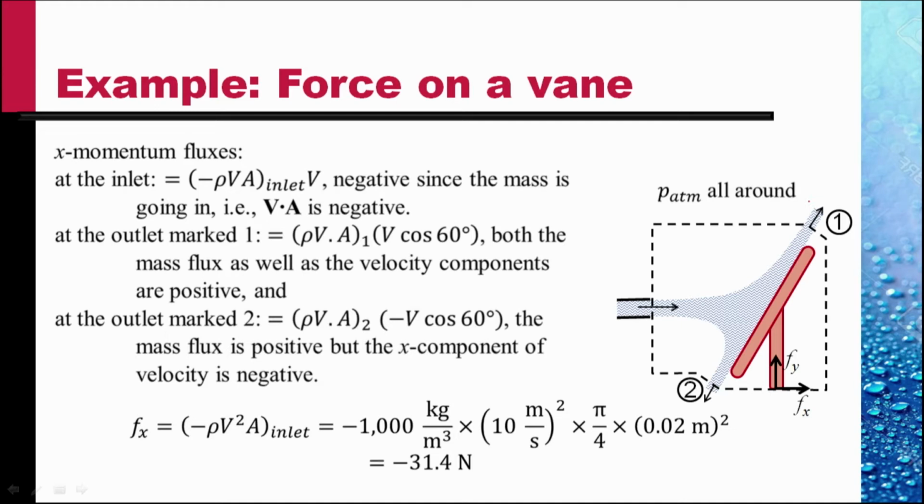So there is only a net influx or a negative efflux of rho, which is 1000 kilogram per meter cube into velocity square, velocity is 10 meters per second, into the area. Area is 2 centimeter, so it's pi by 4 into 0.02 meter whole square, and there is a minus 31.4 Newton.